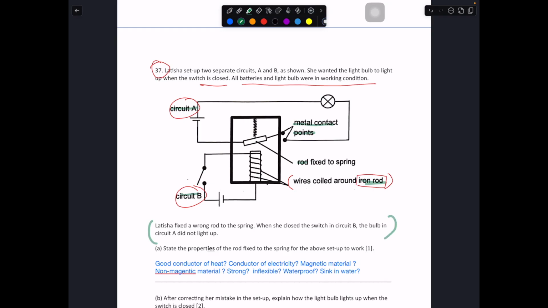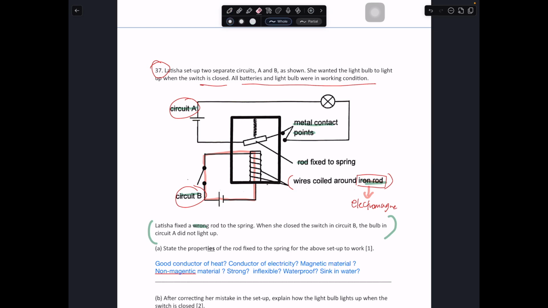Letitia fixed a wrong rod to the spring. So when she closed the switch at B, the bulb in A did not light up. Let's take a look at how the circuit works first. If the person closes the switch, electricity will flow through the iron rod, so the iron rod will become an electromagnet.